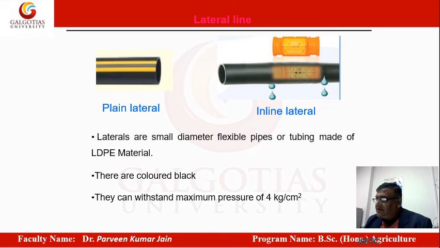And then there is one more type of pipes which is called laterals. Now these are the pipes on which your drippers are fixed. If they are fixed on the top, they are called online drippers. Sometimes these drippers are inbuilt at the time of factory.